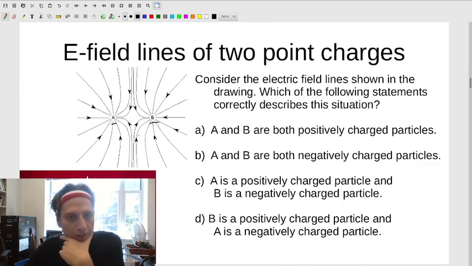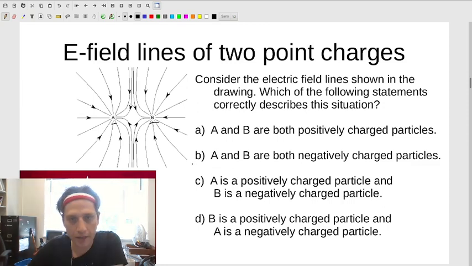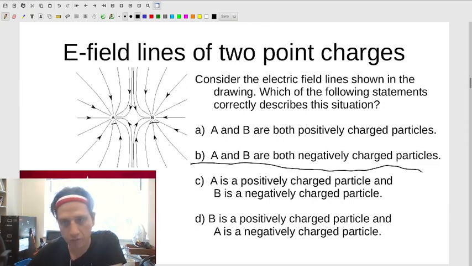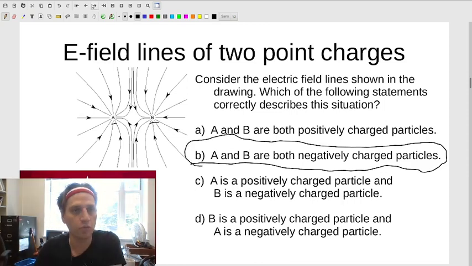Here I've got my field lines closely packed together, so I would expect the field there to be strong, and as we go out far away from this, the field will get weaker. Okay, so A and B are both negatively charged, and we know that because they both have the field lines pointing in towards them.